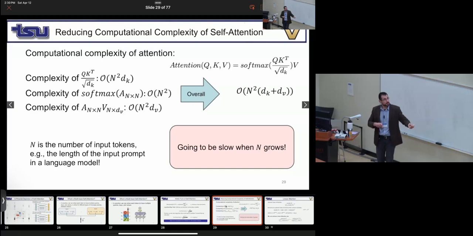In fact, this is a big challenge even for our large language models. They try to increase their context window, the token size that you can send to the model, but that comes at a computational cost. So this n squared is going to be really bad for them.